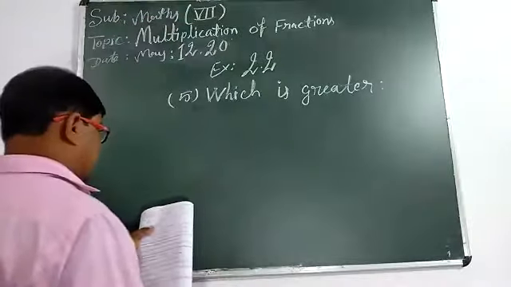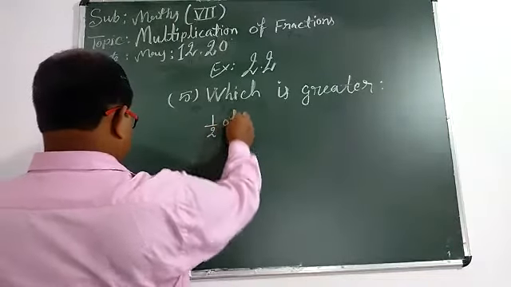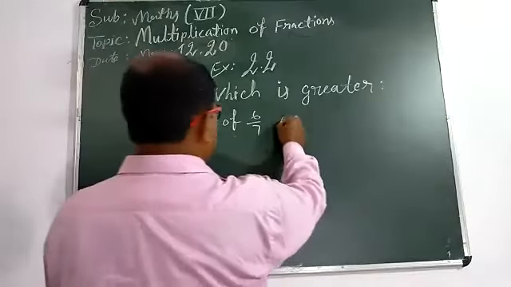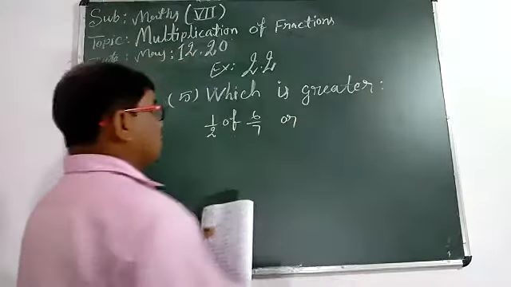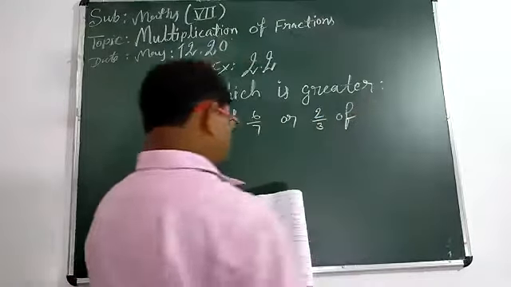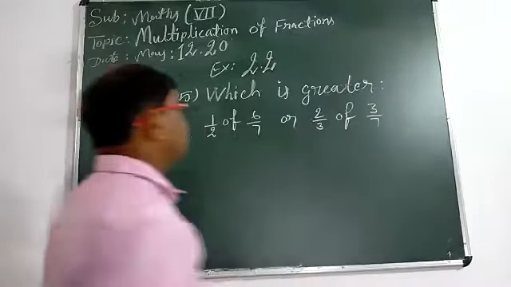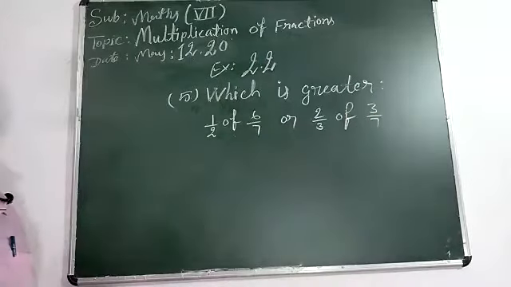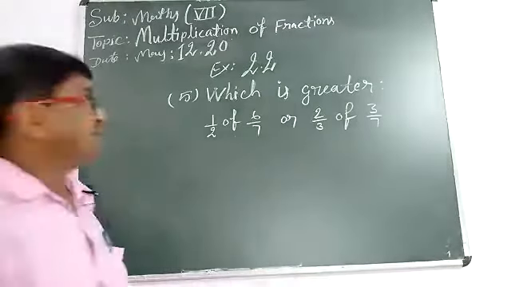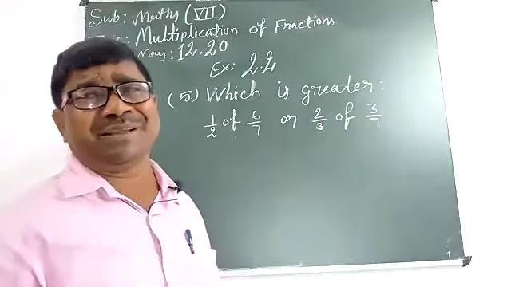Which is greater? 1 upon 2 of 6 upon 7 or 2 upon 3 of 3 upon 7. Which is greater? 1 upon 2 of 6 upon 7 or 2 upon 3 of 3 upon 7.